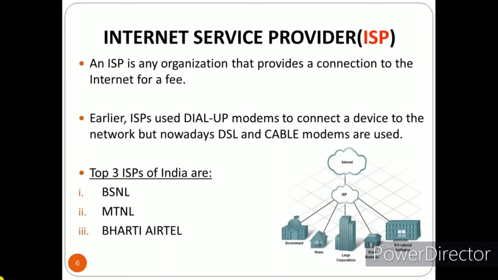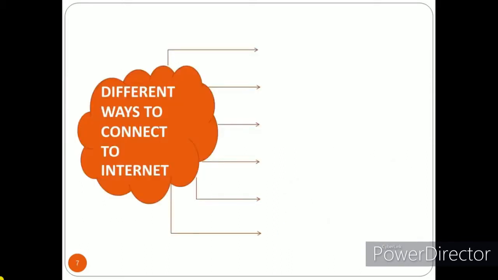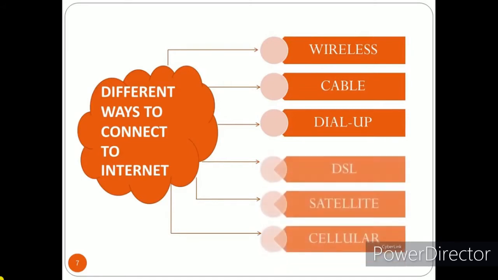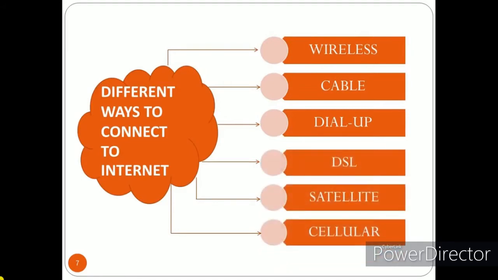Fine, it's clear. Now the different ways to connect to the internet. You can see wireless, cable connection, dial-up connection, DSL connection, satellite connection, and cellular connection. We have these many ways to connect to the internet on your computer.